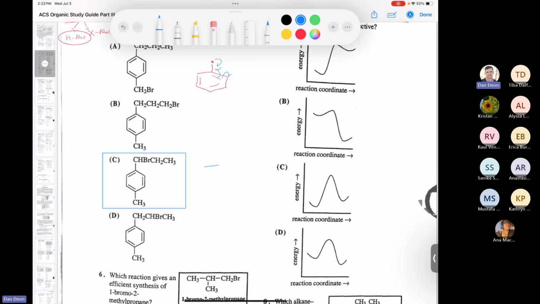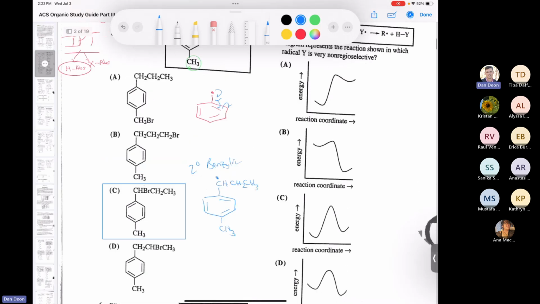Because the intermediate would be this one here. So let me just pencil it down here quickly. CH2, CH3. Okay, you'd end up producing this radical, which is secondary benzylic. So secondary benzylic radical.